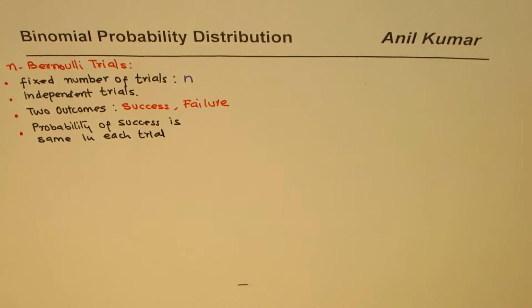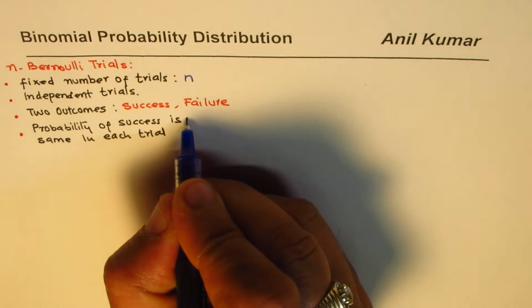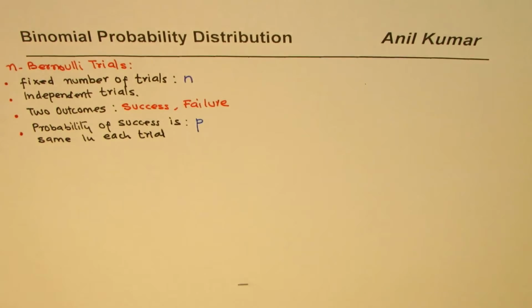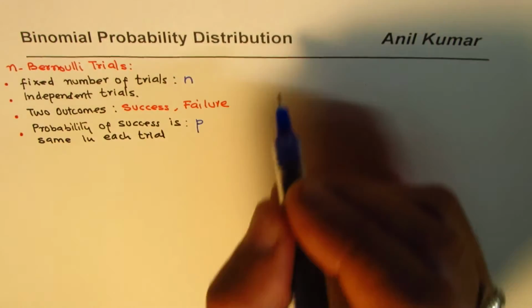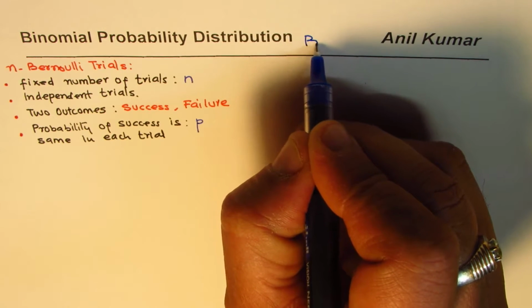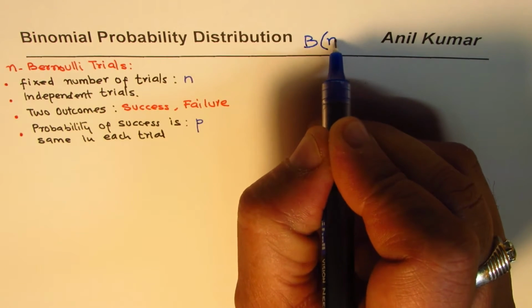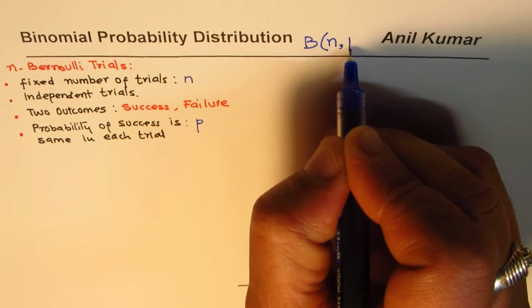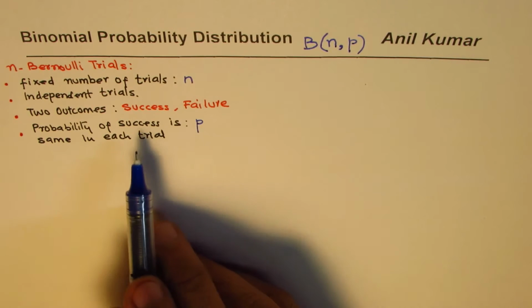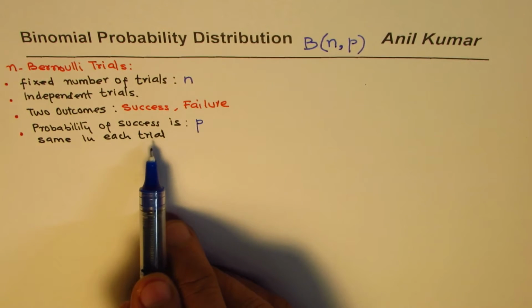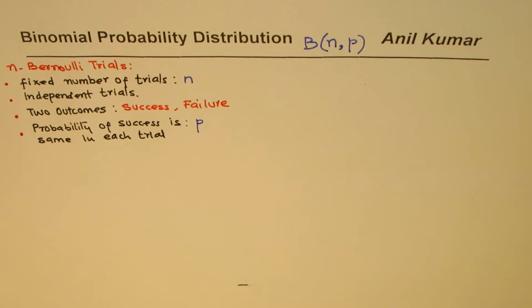Normally we associate the lowercase p parameter with this probability. Whenever we're talking about binomial probability distribution, we also use the terminology B for binomial, n for number of trials, comma, p for the probability of success, which is the probability of success of each trial. That is very, very important to understand. So these are the parameters for Bernoulli's trials.